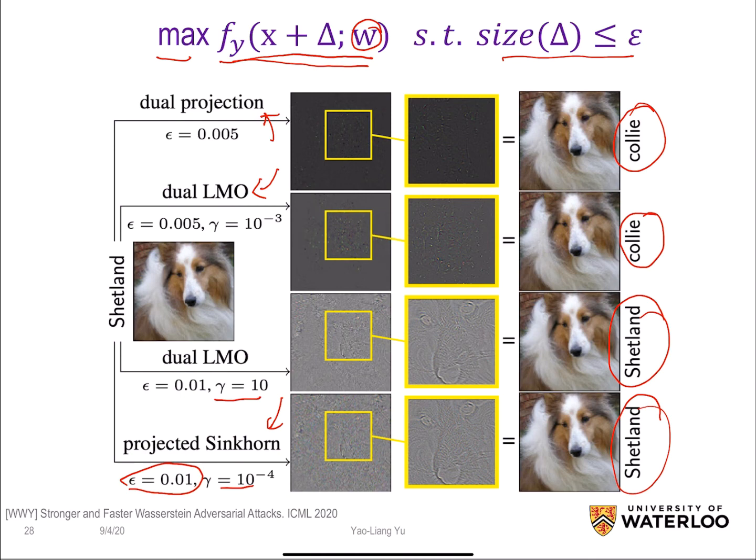The other interesting artifact here was that because we did smoothing in these three algorithms, if the smoothing is applied and the smoothing factor is big, then the noise you produce, like here for instance, will actually reflect the shape of the input image.